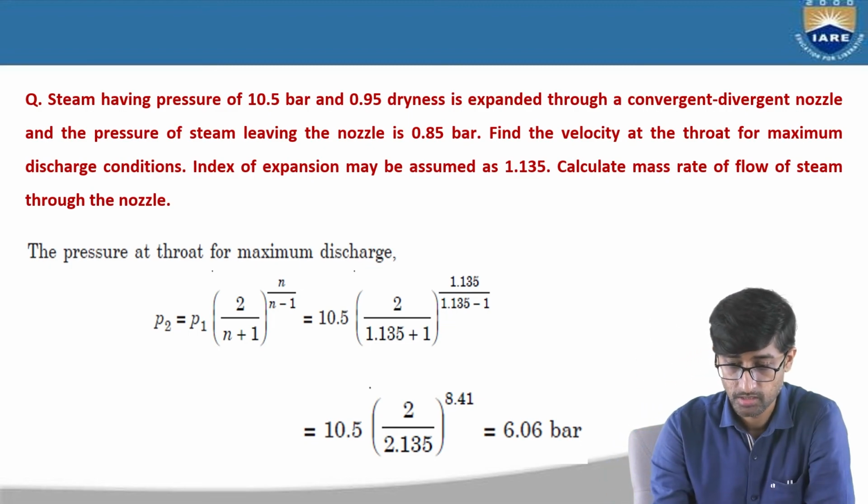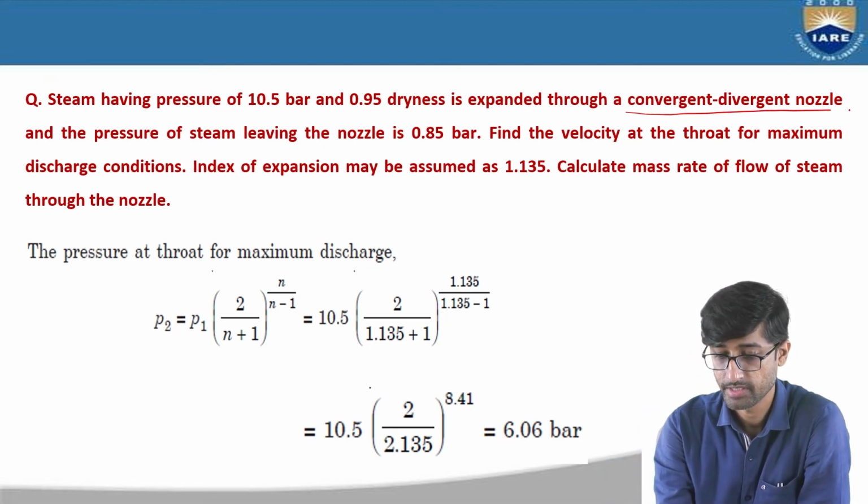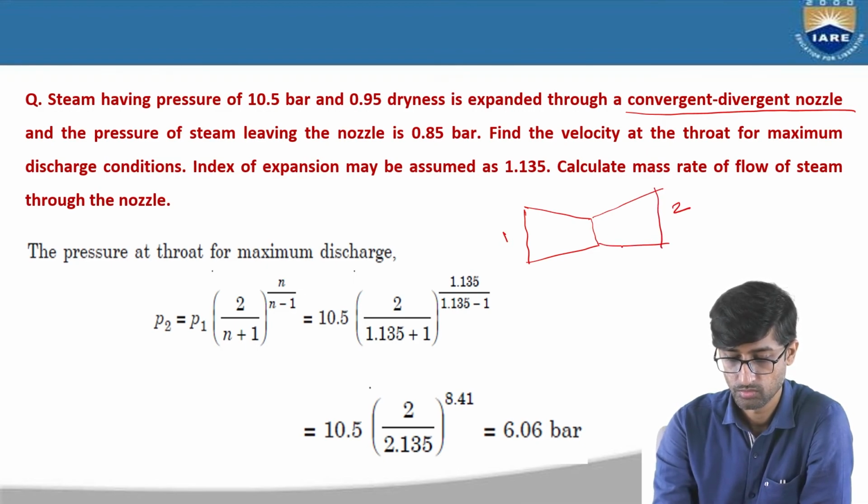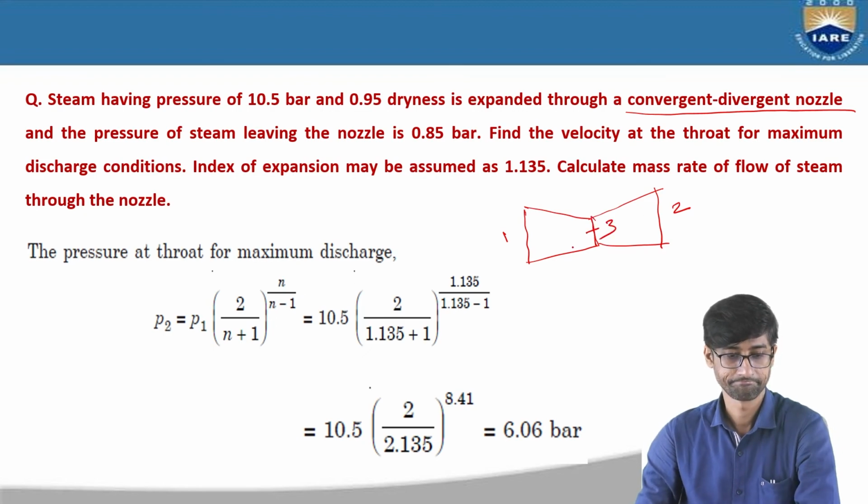Now if you see, the nozzle is given convergent divergent, right? This is the nozzle, convergent divergent. This is 1, 2, exit, and this is called 3, throat.